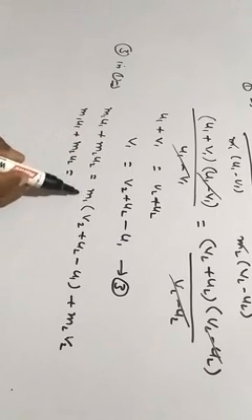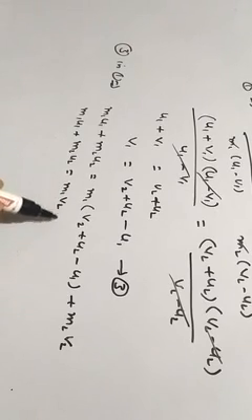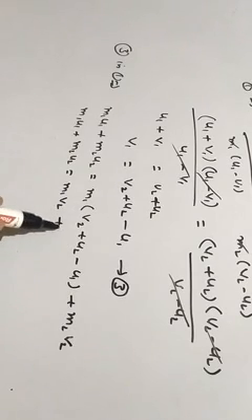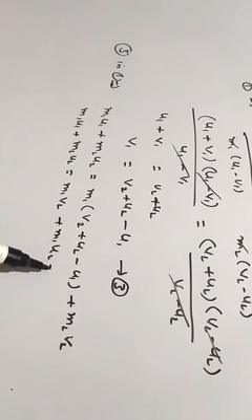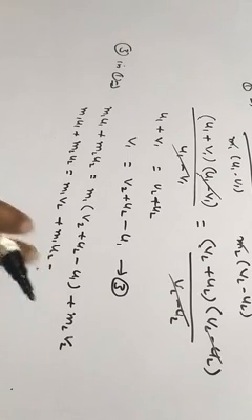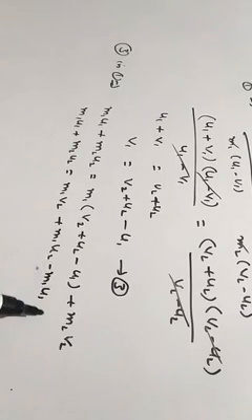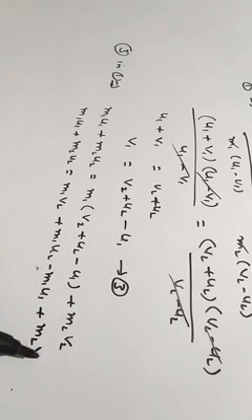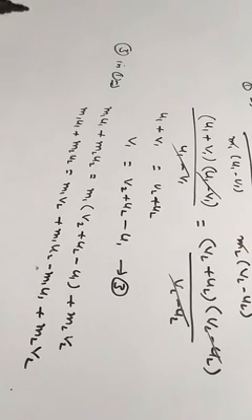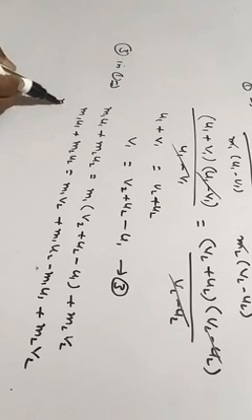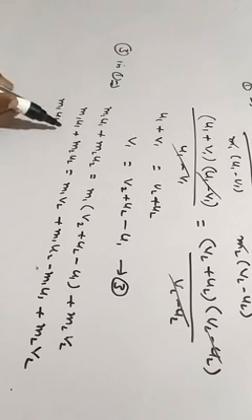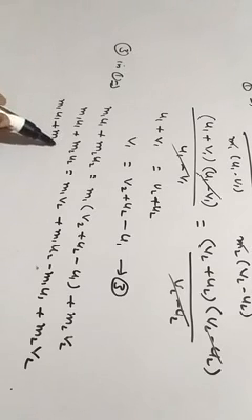When we multiply this, m1 v2 plus m1 u2 minus m1 u1, and plus m2 v2.